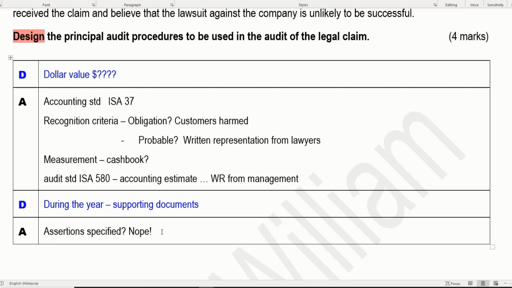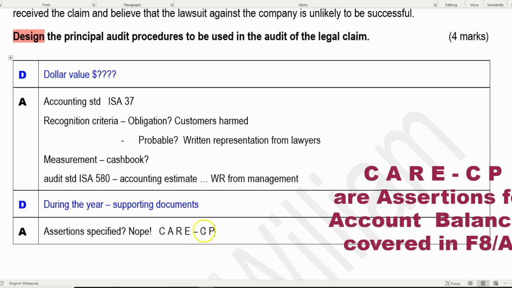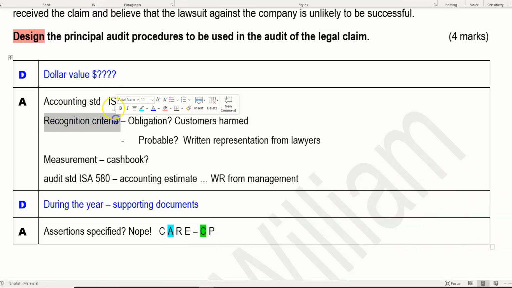If it is an account balance, we can make use of Care CP. Now, out of Care CP, the ones that are the most important would be on the area of classification and on the area of accuracy. Classification is the same as recognition criteria. Accuracy is the same as measurement.